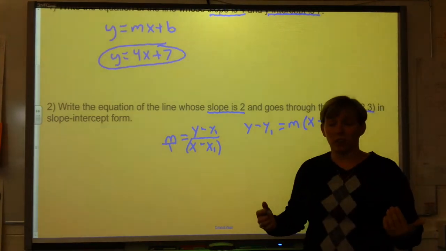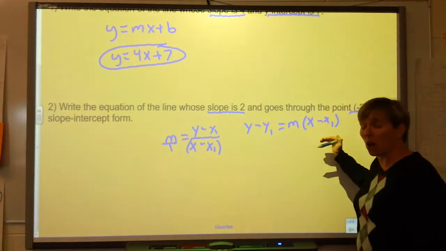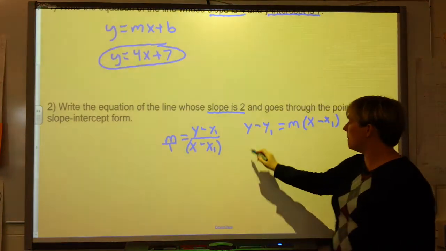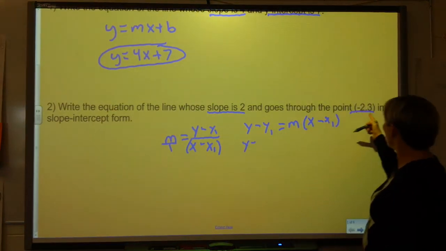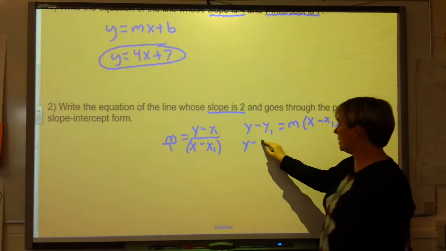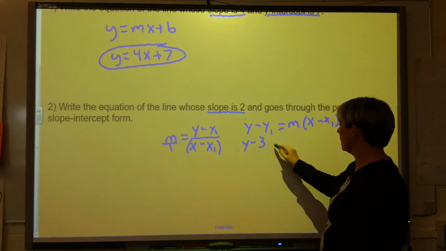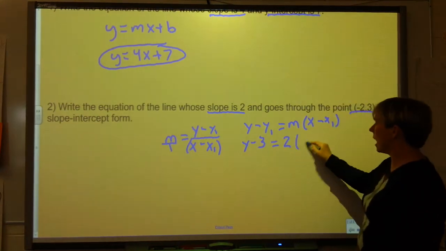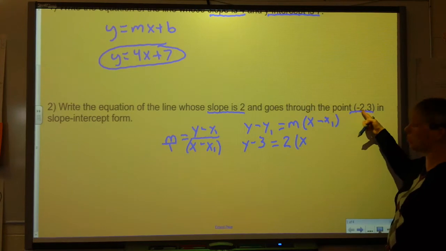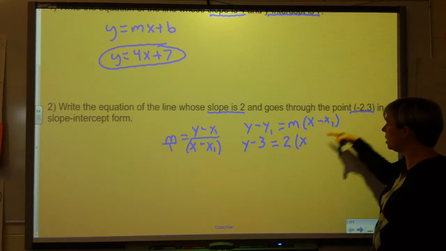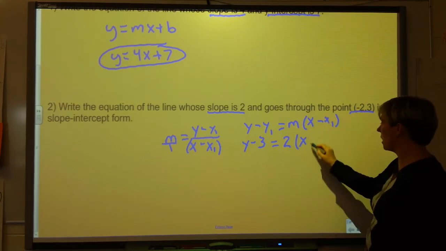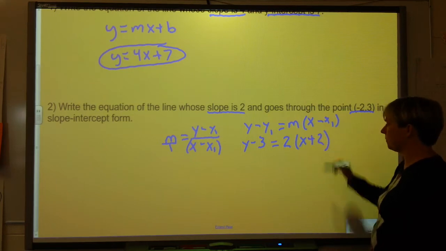So I can fill in the information in here that I know. I can plug in 2 for m, and I can plug in my y coordinate I know is 3, so that means I'm going to have y minus 3 is equal to 2 times x minus my x coordinate. My x coordinate's -2, so if I'm subtracting that x coordinate, really that means I'm adding.